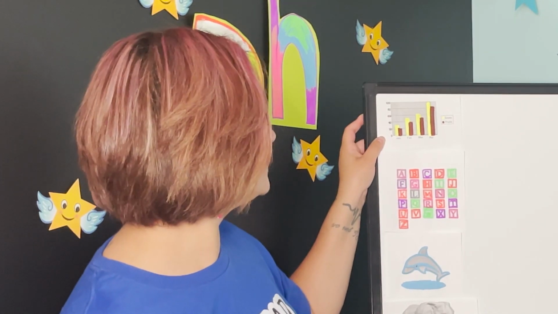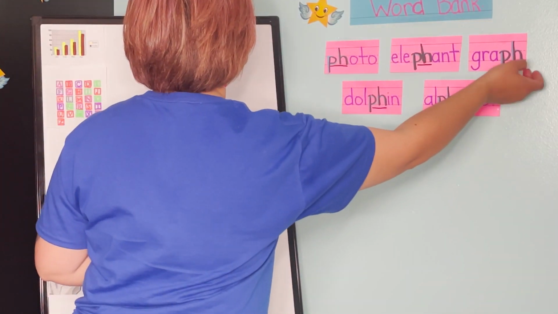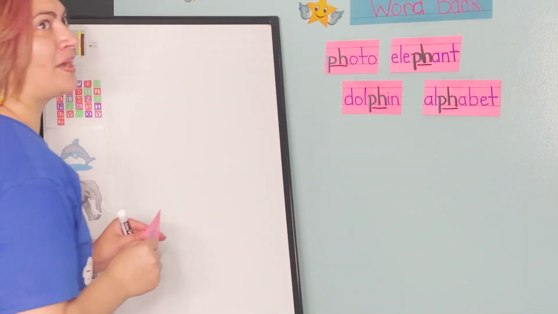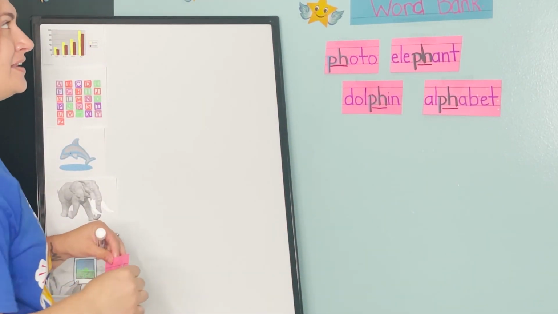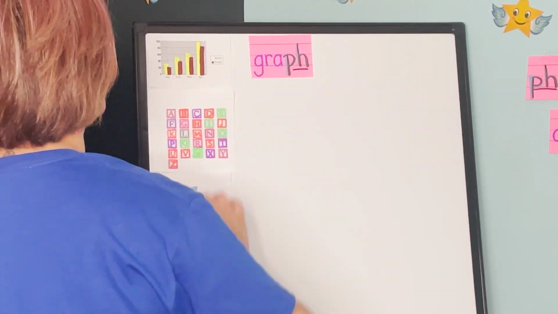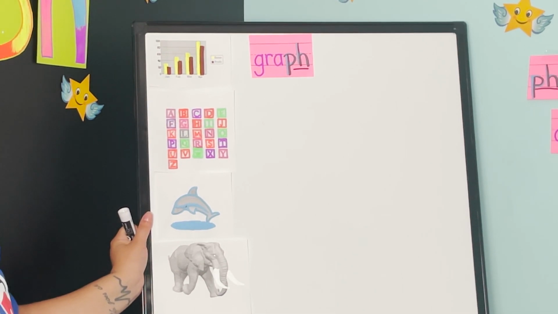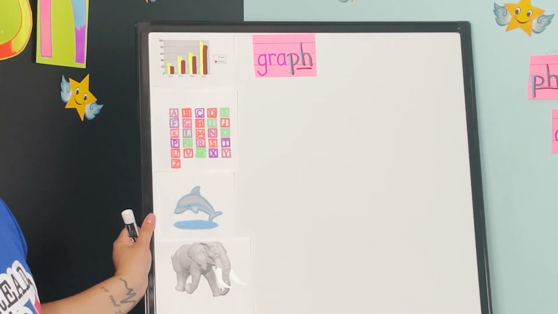And you hear the F sound at the end. Graph. Yes, that's a bar graph. You might do one of those in math. I'm going to find the word graph, and you're going to write down the word graph. Go ahead, listen to the sounds it has. G, r, f. And remember that f is spelled with that PH.